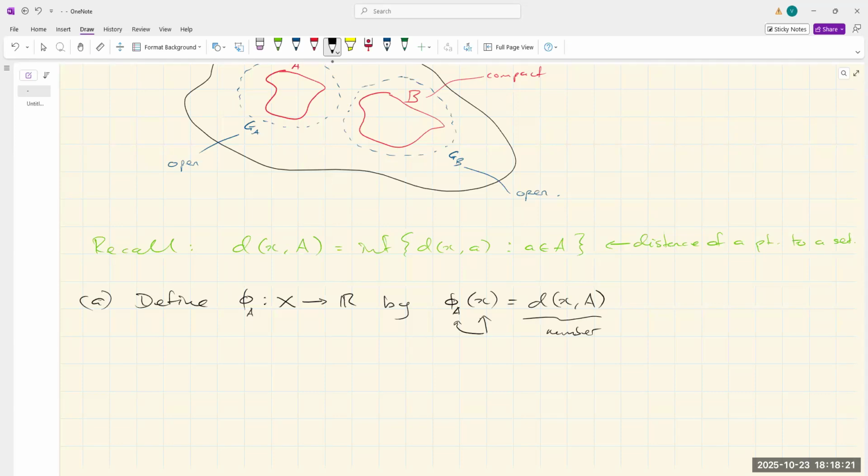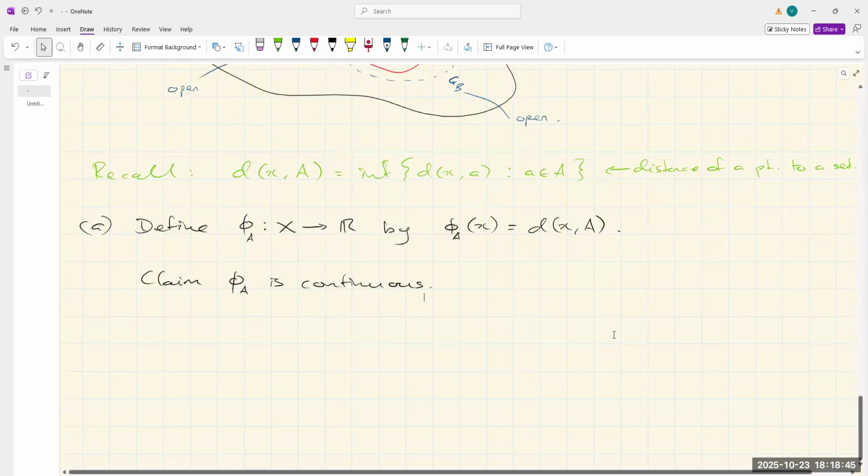Okay, so that's what this mapping is doing. And I claim that this map is continuous. Okay, so that's my claim. So I claim that phi of A is continuous. Okay.